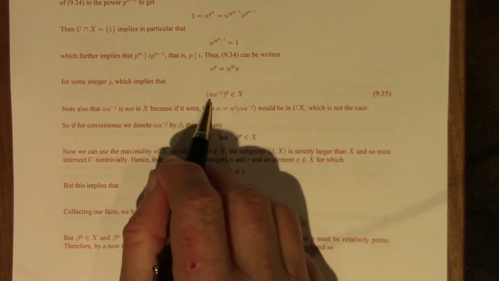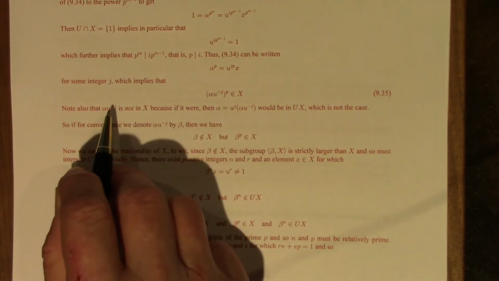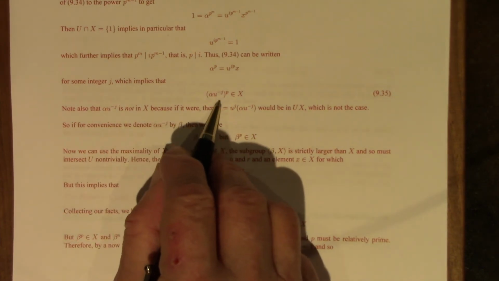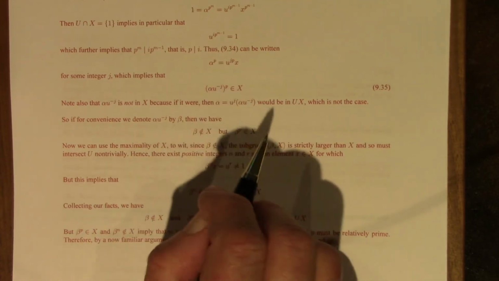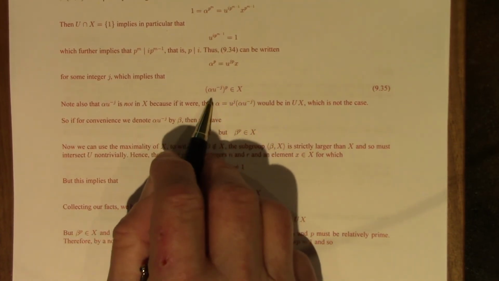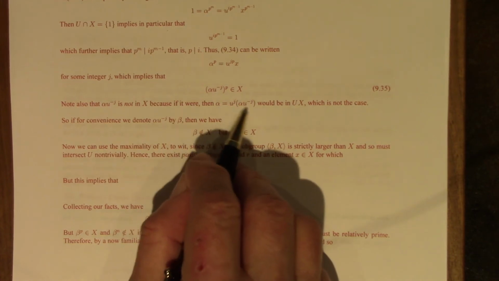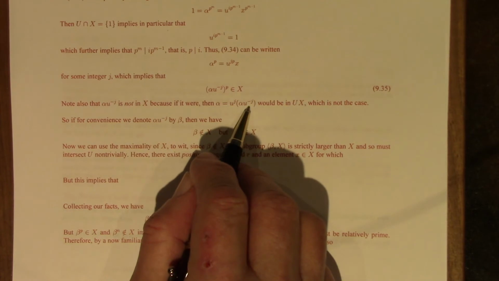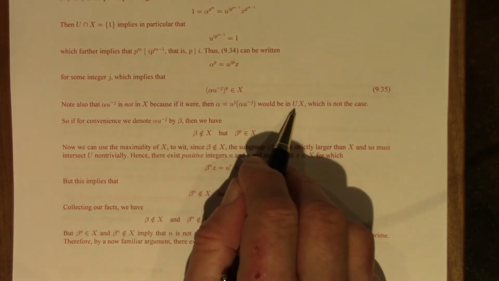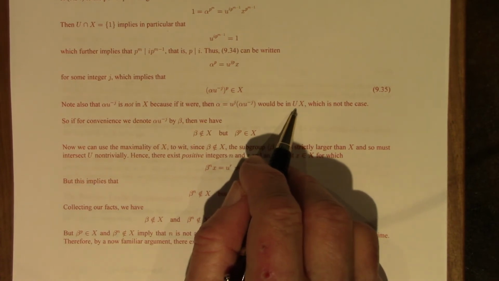All right, so this is where we are now. And now we might notice that α u to the minus j inside here does not belong to capital X. Because if it did, then α could be written this way, and this would be in UX, but α was chosen specifically to have minimum order among the elements that are not in UX.